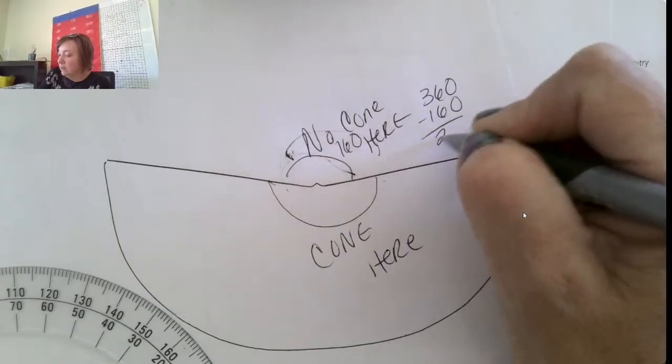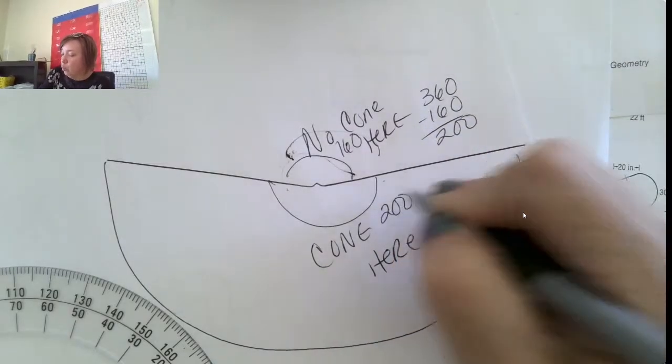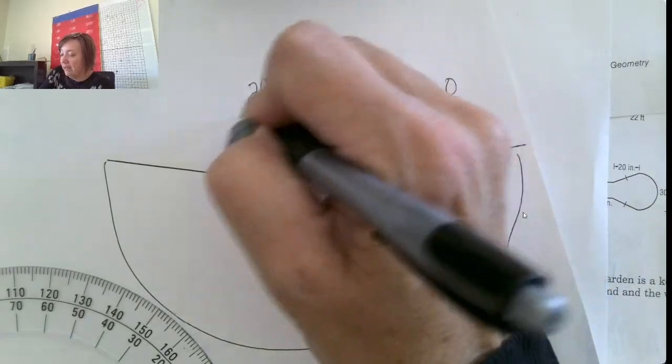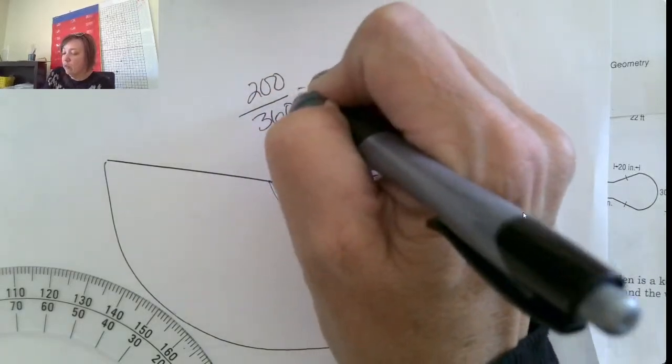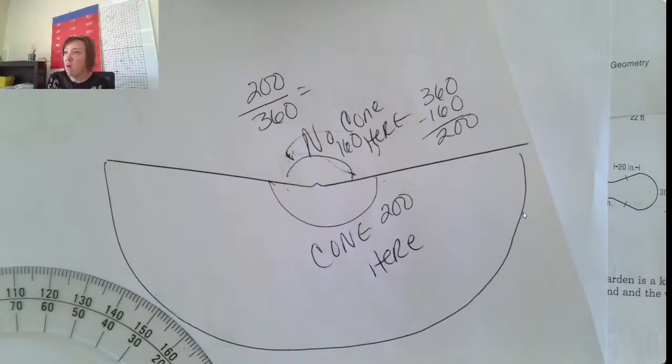We get 200. Now, what is 200 out of 360? Like if we simplify this, can you make it a fraction?